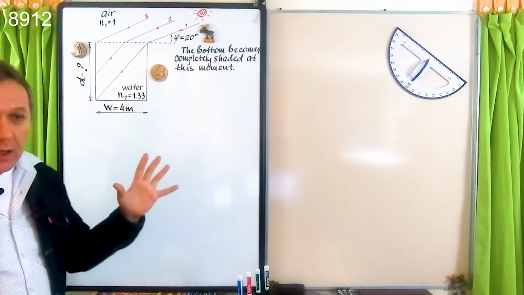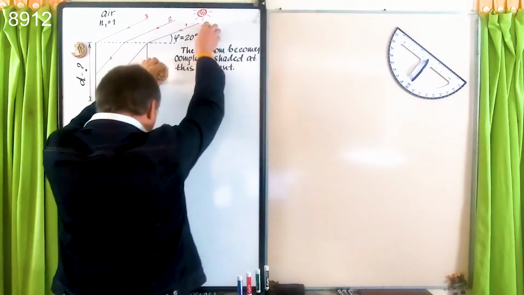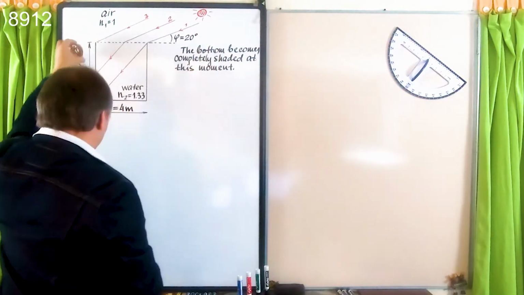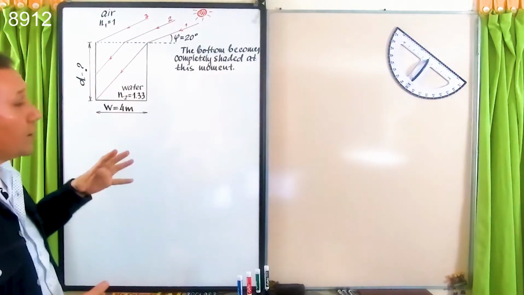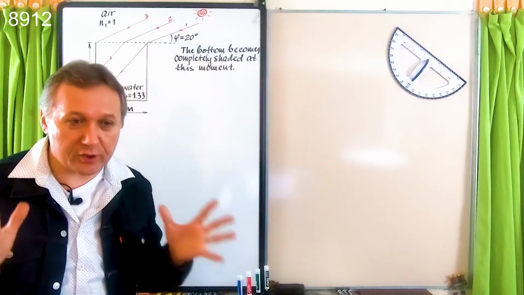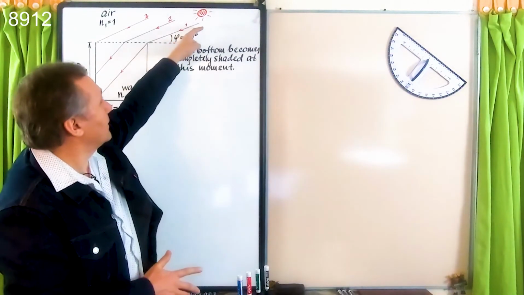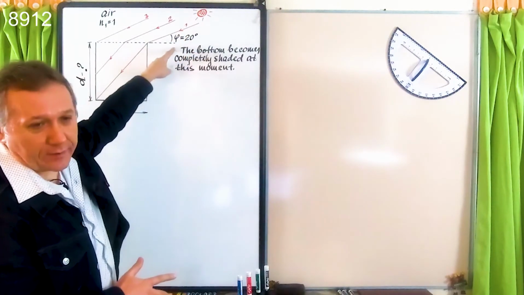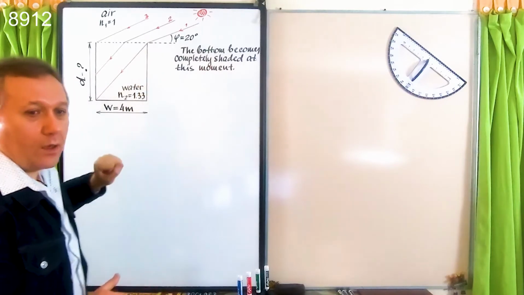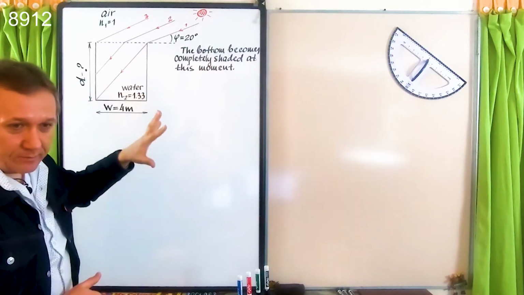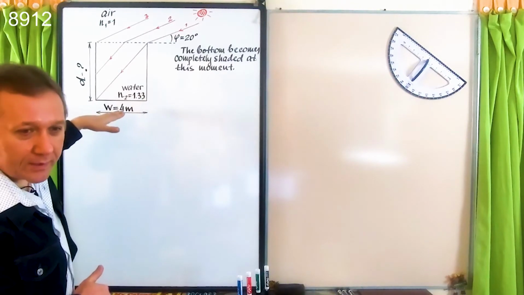Let me remove these magnets. I keep them here so that the screen wouldn't erase the drawing. Let's assume that at a particular moment of time in the afternoon, when the sun is 20 degrees above the horizon, the bottom of the pool becomes completely shaded.